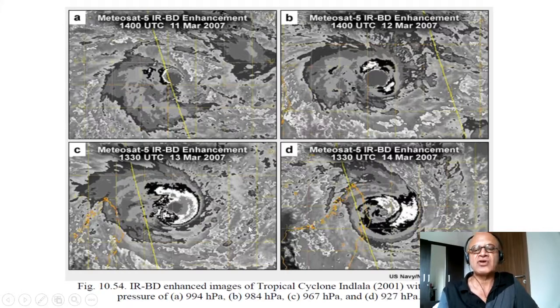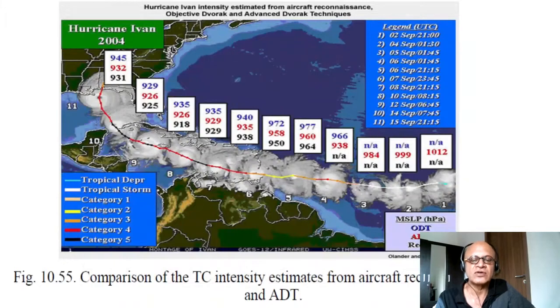That's a very strong drop from 11th to 14th March, because the pressure gradients correspond to the maximum strength of the winds and of course the intensity of the tropical cyclone.